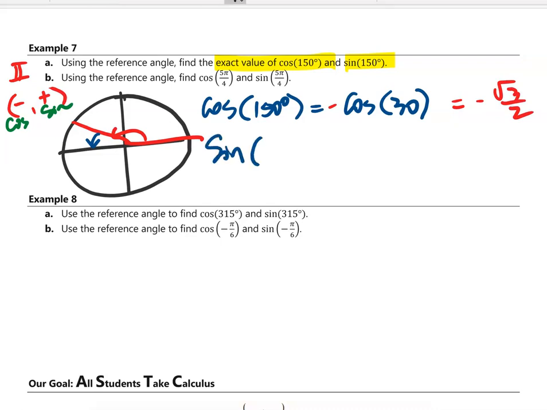For sine of 150 degrees, this is 30 degrees, so it's the same as sine of 30, and in quadrant 2 sine is positive, so this is equal to positive 1/2.